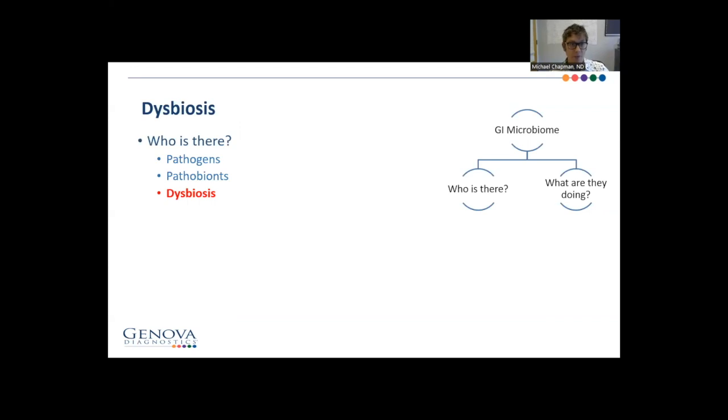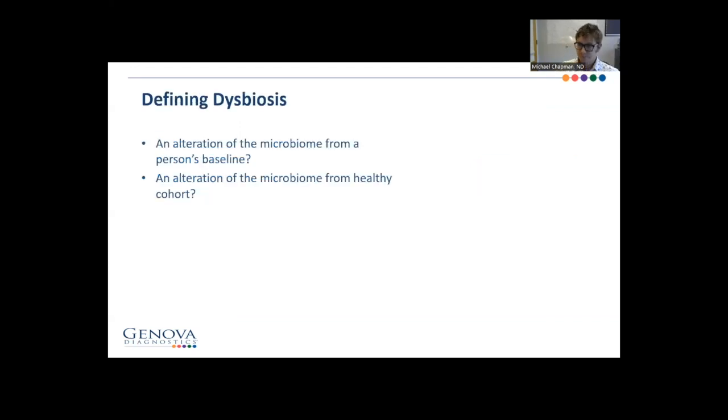They're causing direct harm. What about this dysbiosis part? I'm going to get a little bit on my high horse for a second around dysbiosis because I feel like this term tends to be used fairly loosely. So what is dysbiosis? Some people might say it's an alteration of the microbiome from somebody's baseline, right? One day you're like this, or maybe for 18 years of your life you're like this, and then all of a sudden it's shifted and it's different from yourself or what your optimal was. Another person might say it's an alteration of the microbiome compared to healthy individuals.